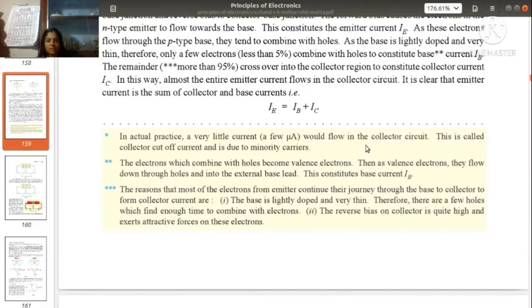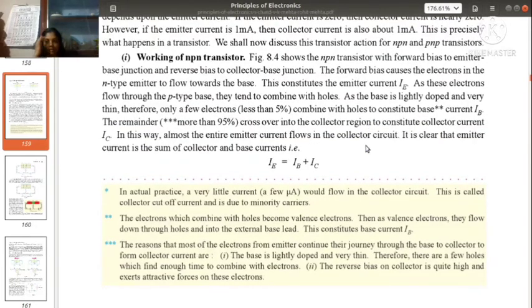So this is the usual convention, and the forward bias causes the electrons in the n-type emitter to flow towards the base. This constitutes the emitter current IE. As these electrons flow through the p-type base, they tend to combine with holes.